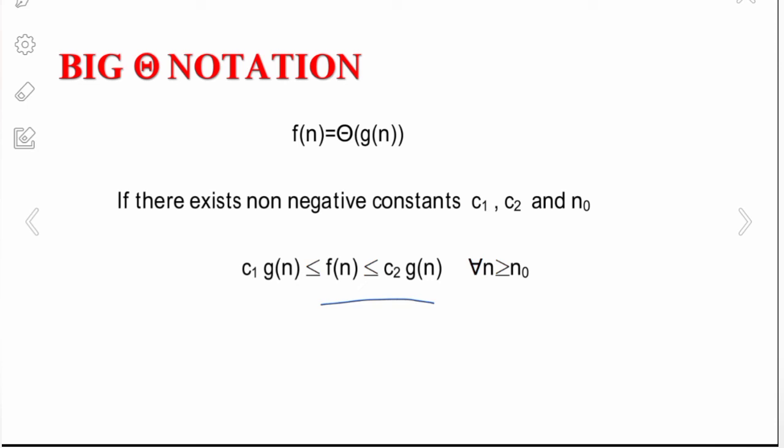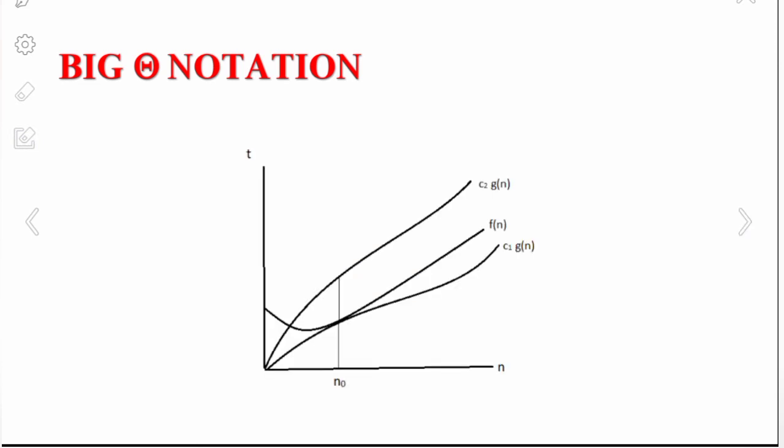The condition f of n less than or equal to c2 g of n represents the upper bound and the other side represents the lower bound. Since we can analyze both the upper bound and lower bound, that is, the average case of the running time of an algorithm, we are considering this condition. So f of n lies between c1 and c2 only.